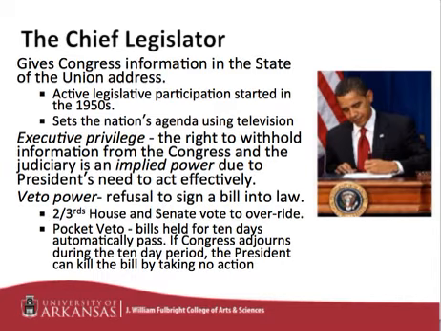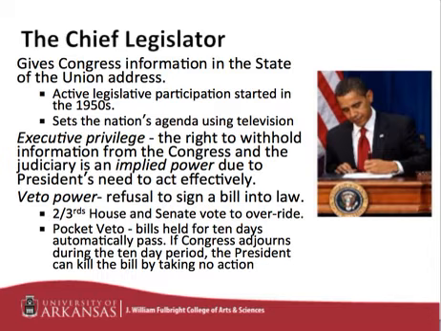The president is also the chief legislator. As part of the checks and balances, the president gives information in the State of the Union address. While the president does not directly involve him or herself in legislation, there is active participation since the 1950s by setting the agenda in front of the public.